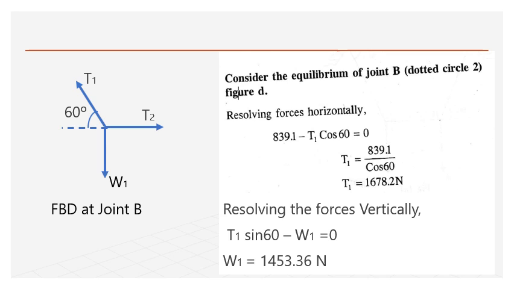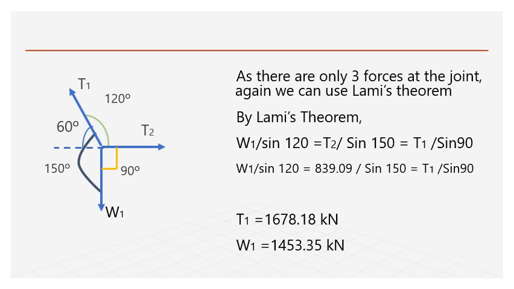Again, at the joint B also we are seeing only three forces: T1, T2 and W1. That means we can apply Lami's theorem, right? W1 by sine 120, the angle between T1 and T2, is equal to T2 by sine 150, the angle between T1 and W1, and T1 by sine 90, the angle between W1 and T2.